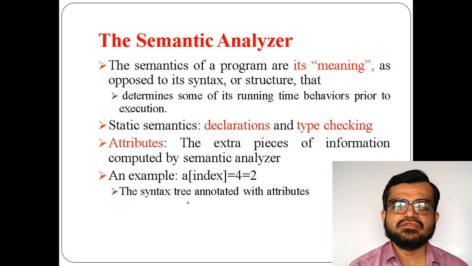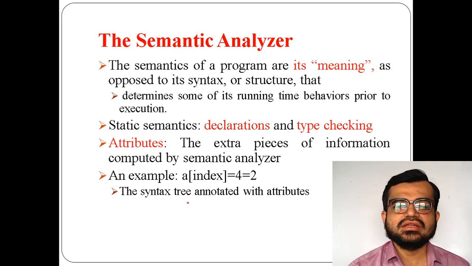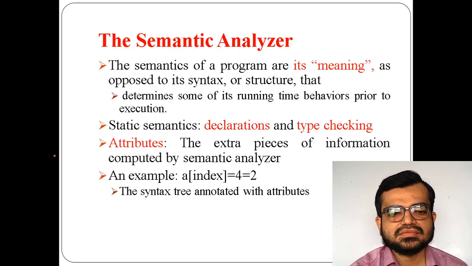How does it verify? For example, static semantics concentrates on the declaration part and also the type checking. Type checking means, for example, the left hand side and right hand side should have a compatible data type. That's why we are using the concept of attributes here.